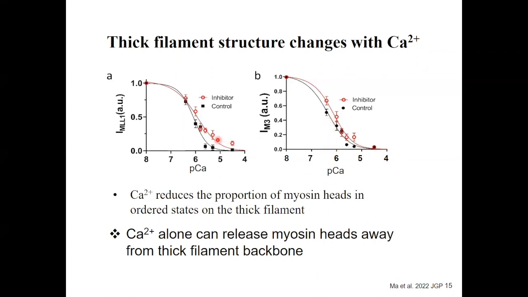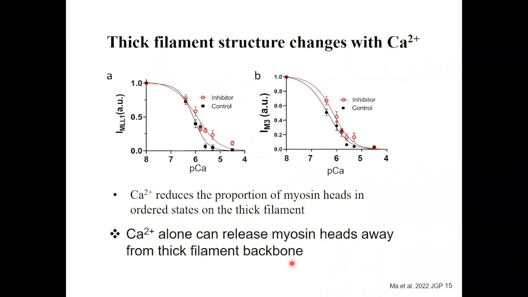The active force seems to promote this disordering effect, but the majority of the change can be achieved by simply increasing the calcium concentration. So calcium can reduce the myosin heads in the ordered state on the thick filament in the absence of active cross-bridge cycling. This means the take-home message: calcium alone can release myosin heads away from the thick filament backbone.